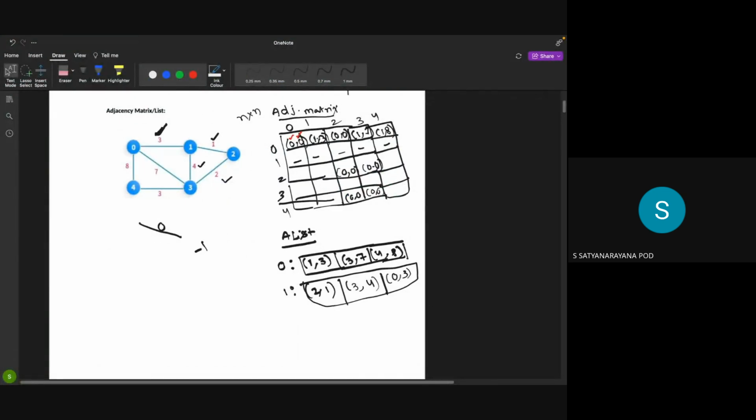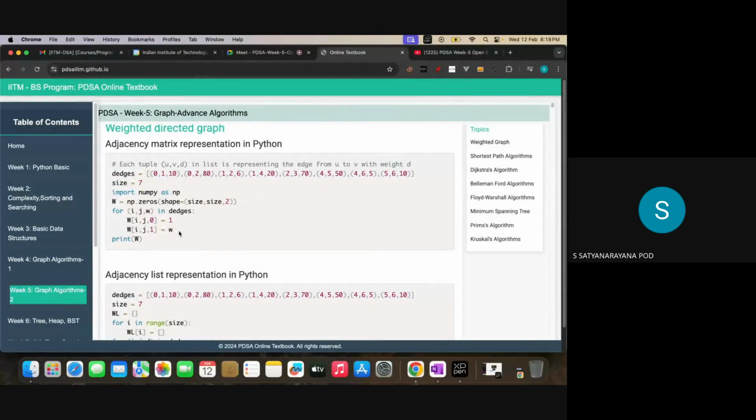Is it right? Yes, sir. And then the second value we are putting is the value of w. The w values are 10, 80, 6, 20, 70, 50, 5 and 10. These values are stored as the second tuple value.